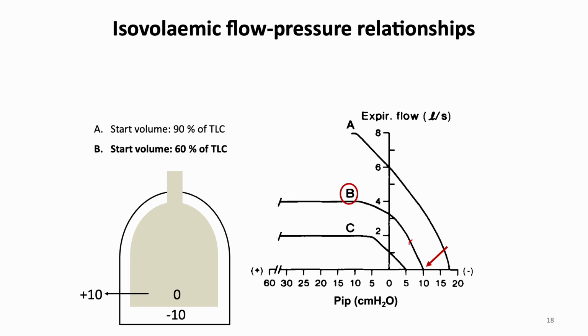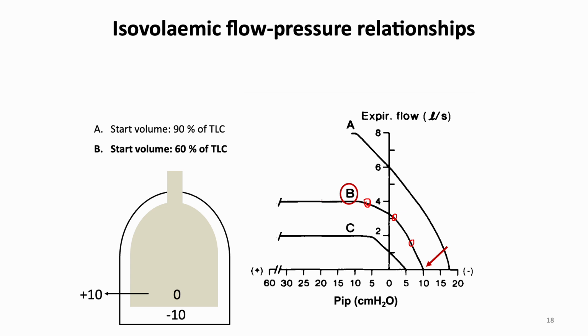First with an effort, so that pleural pressure changes from minus 10 to minus 7. Next from minus 10 to minus 1. Then this maximal flow is achieved. Then a forced expiration where the pleural pressure becomes 5 centimeters of water.